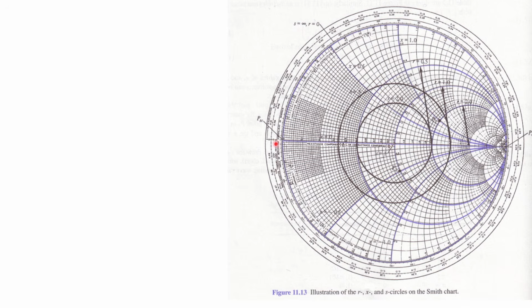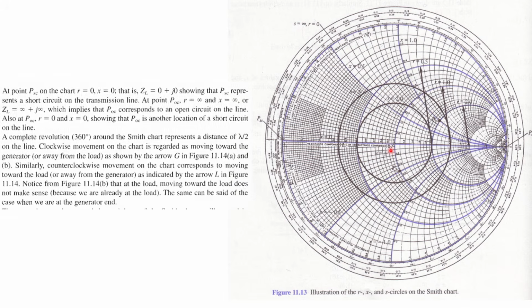The extreme left side is 0, 0 at short circuit, and the extreme right side is x equal to infinity and r equal to infinity, that is open circuit. In between infinity and 0, 0 there is 1 and 0, that is the origin. Now we'll use this origin to identify all the values, and we'll plot and construct the Smith chart as per the question requirements.